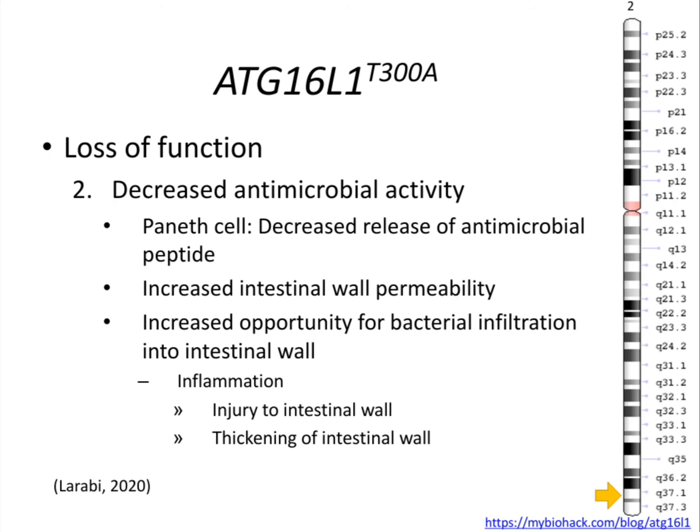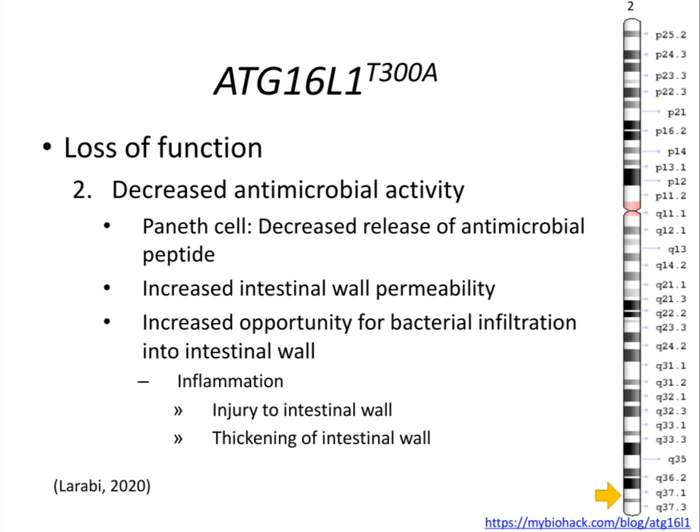Allelic Paneth cells have a decreased release of antimicrobial peptides. This will result in a lower defense against bacterial infection. The intestinal wall has already become more permeable. Therefore, there will be increased opportunity for bacterial infiltration into the intestinal wall.